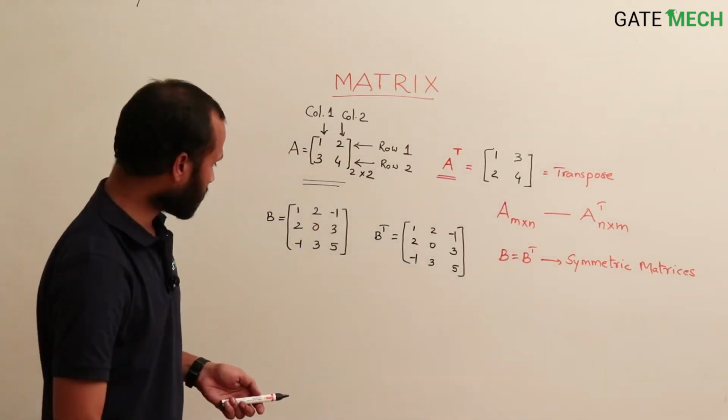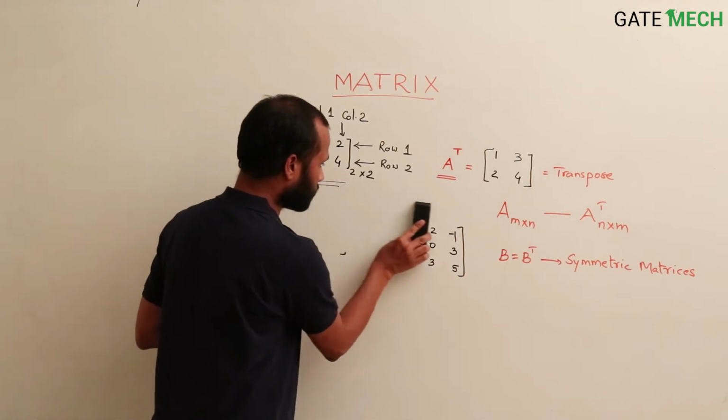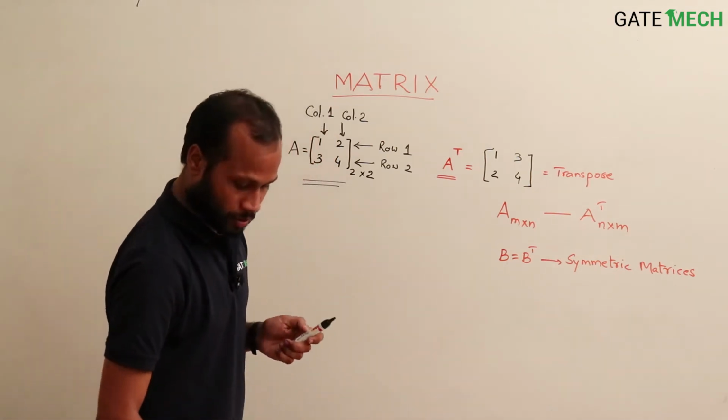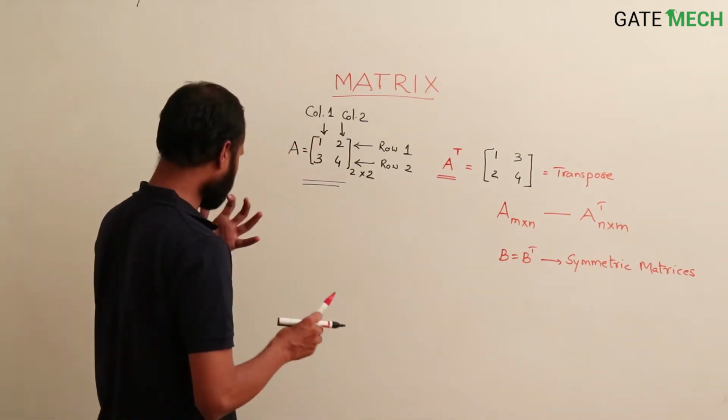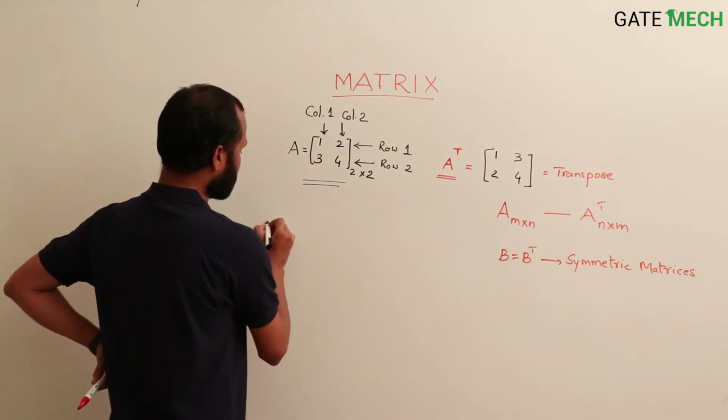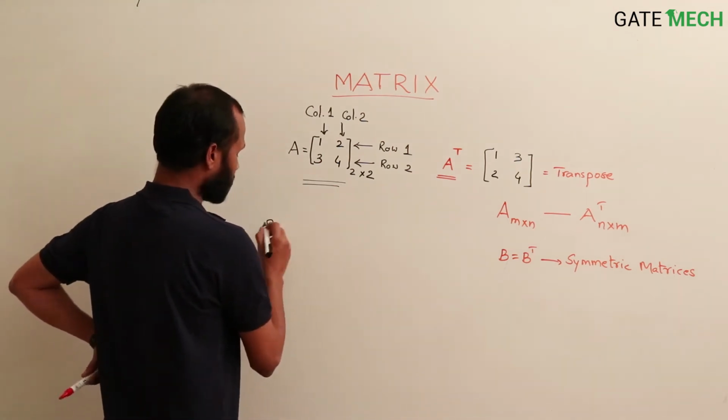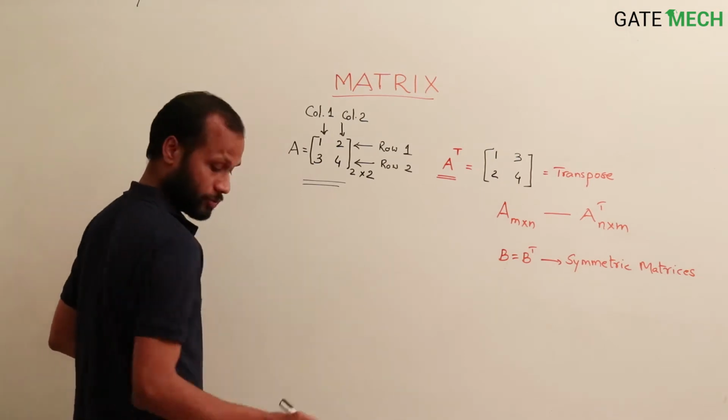Okay, another example I'll give you. Suppose matrix B, I will write it as C since we have used B already.